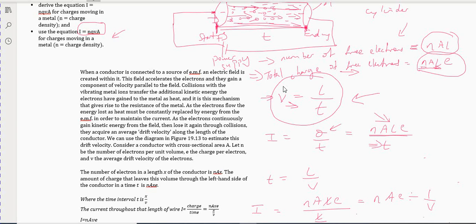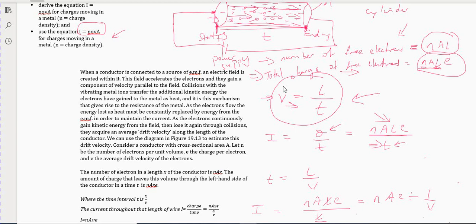Now we have not yet completed our derivation of this. So we now have to find a way to get rid of time that is in the denominator here, or find some other way of defining time. And from our velocity equation, we can simply do some manipulation or transposition to make time become the subject.